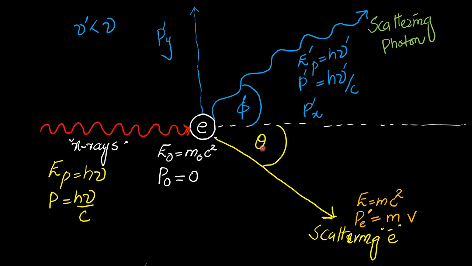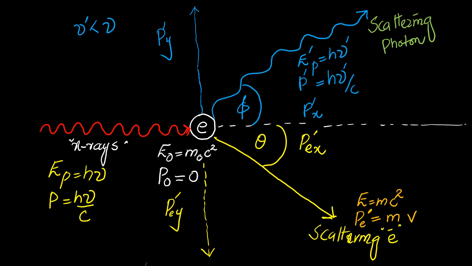Similarly, the momentum of the scattered electron is also a vector quantity, and it can also be resolved into x and y components. The x component of the momentum of the electron can be represented as p dash e along the x-axis, and similarly along the y-axis as p dash e along the y-axis.